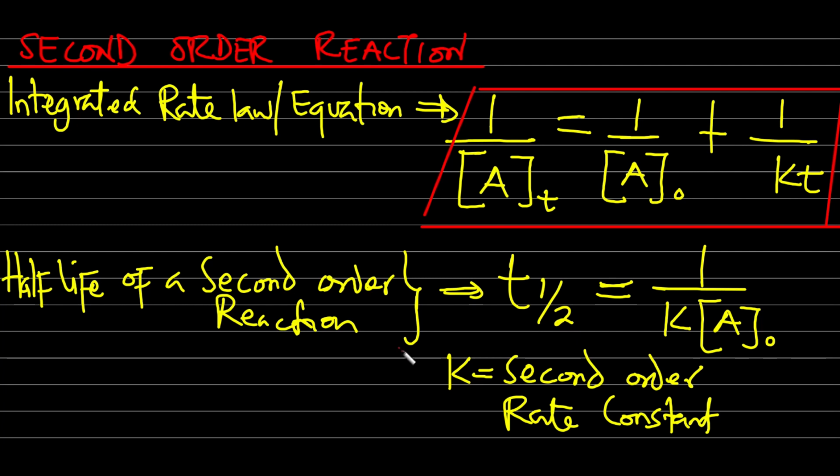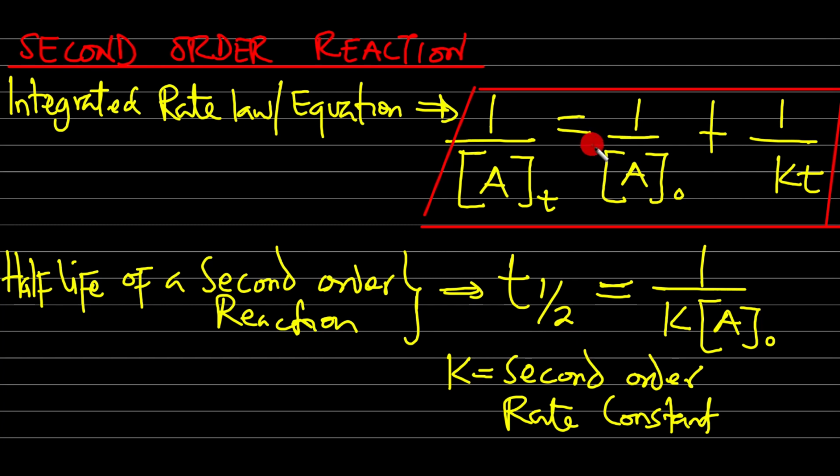Just like we have here, the integrated rate law for a second order reaction is 1 over At equals 1 over A naught plus Kt. Of course, we already know what At is: the final concentration, A naught the initial concentration, K the rate constant, and t the time. Now if you notice, all the integrated rate laws have the same parameters.